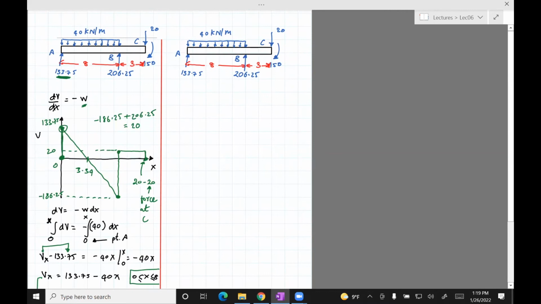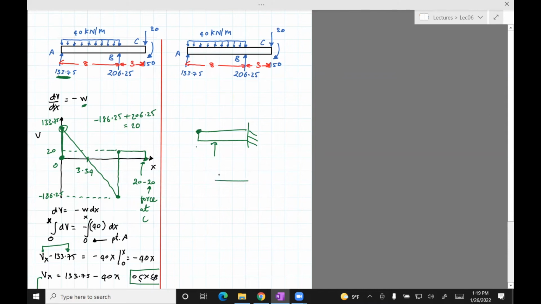There is a force. So if it's an overhanging beam, something like this, let's make it the other way, and let's say there is a force like this, and then we are integrating from here. Vx over here is 0.